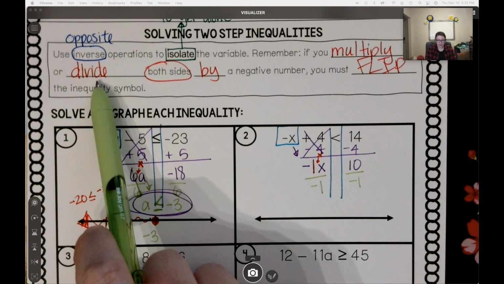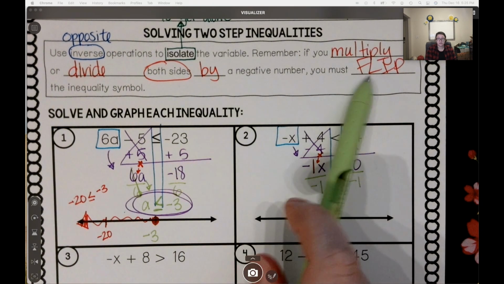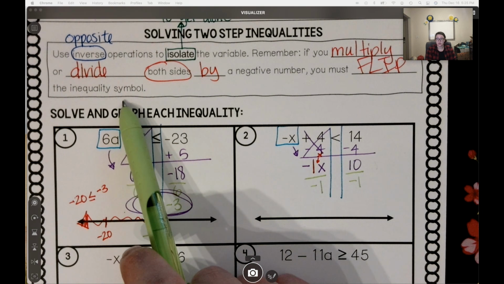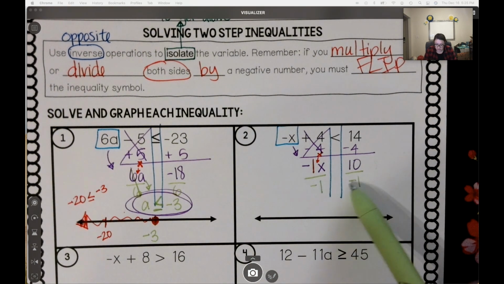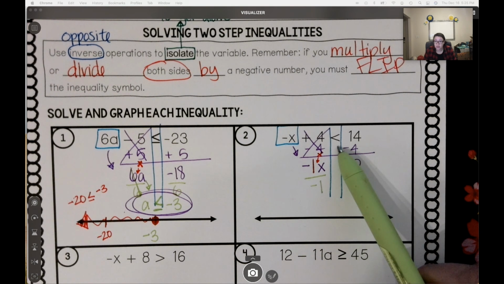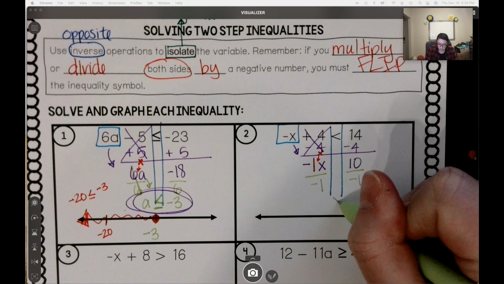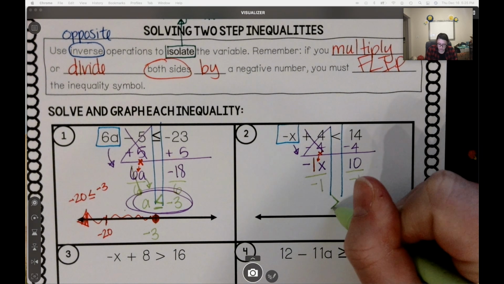If we divide both sides by a negative number, we must flip the inequality symbol. Both sides are getting divided by a negative 1, so we need to flip our inequality symbol. It was less than. It needs to become greater than for our answer.